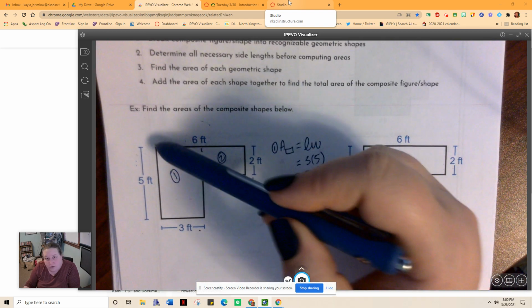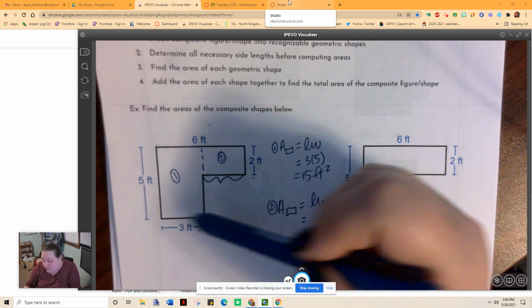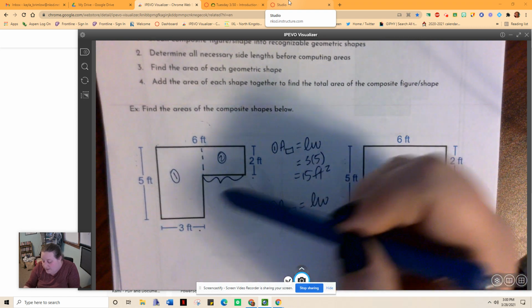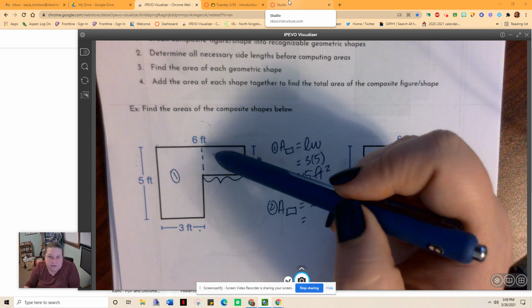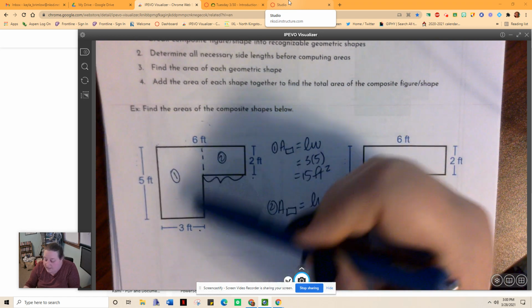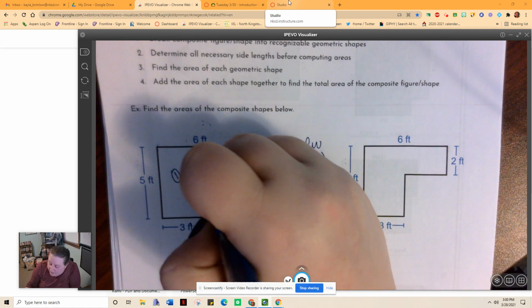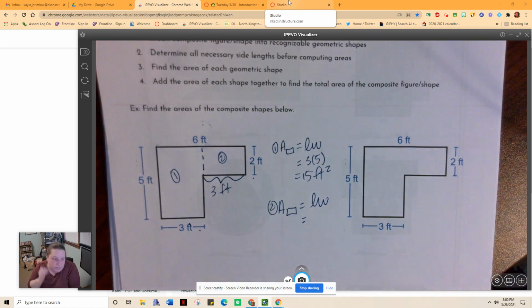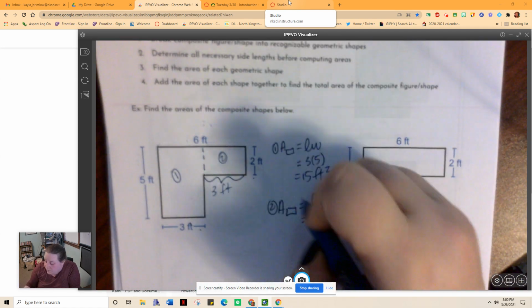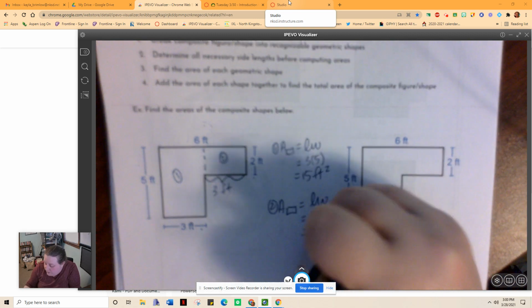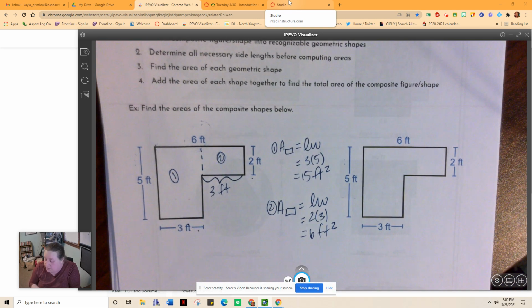So if this is 6 feet in total across, and this is 3 feet from here to here, then this plus this has to be 6 feet total. Or I can take 6 and subtract what I have, which is 3. So 6 minus 3, meaning this is also 3 feet. That means I'm going to be doing 2 times 3, which is 6 feet squared.